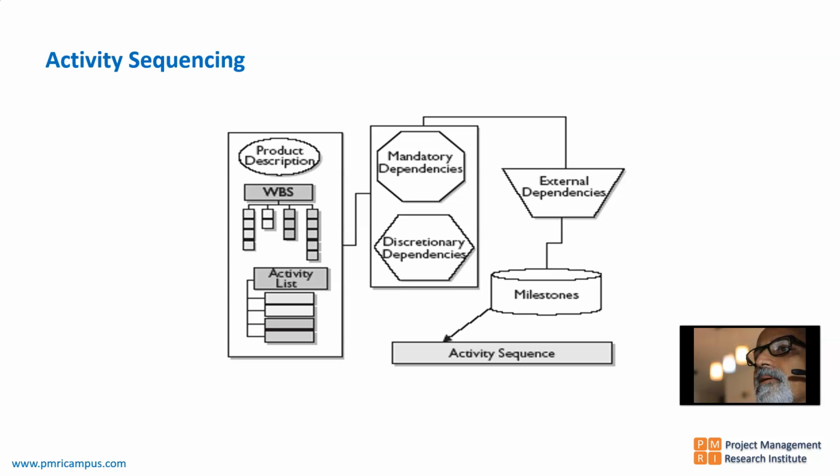And once we superimpose this activity list with these dependencies, we will get the activity sequences and we will get the milestones. Milestones are major events in the project. They don't have any duration by themselves. If you are preparing for PMP certification as a project, a milestone can be gaining your 35 contact hours.